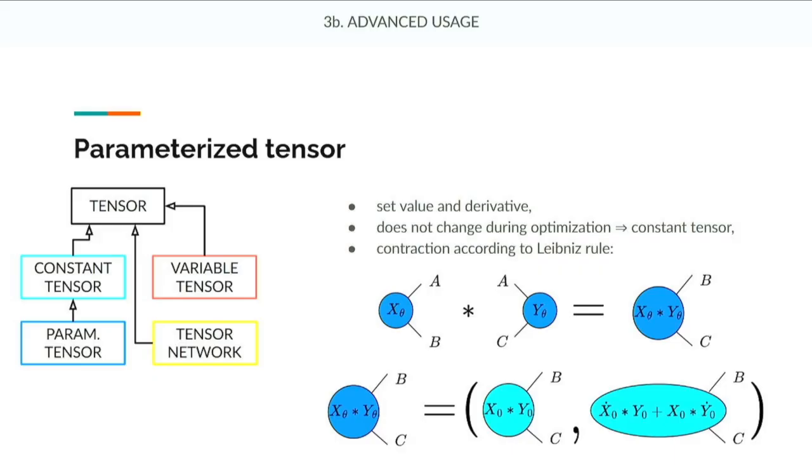How it is implemented is very similar to these diagrams. Basically, you need to give each leg a name, and this name is connected to the dimension, so these dimensions can be completely different. And then when you contract two tensors, if they have indices with the same name, then they will contract. So that's how it is done. So you can have different dimensions.